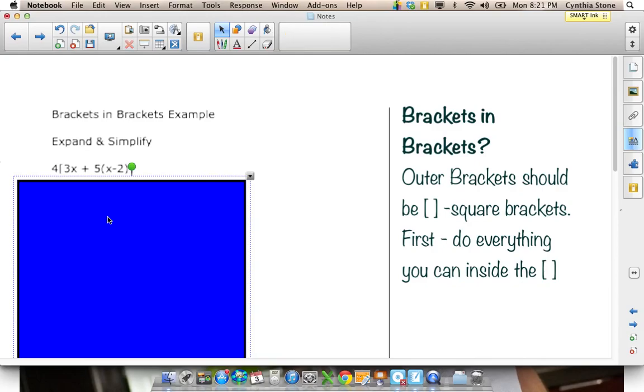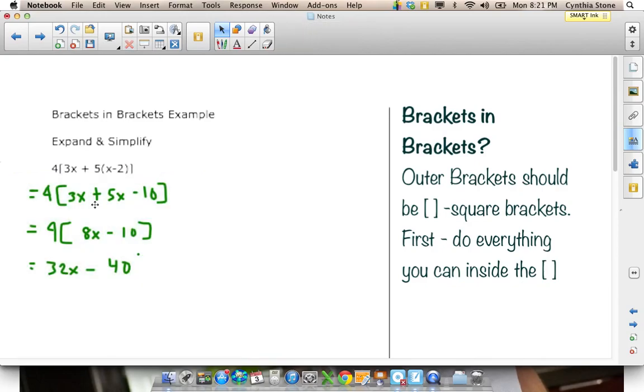So let me just show you what I mean. So I left the square brackets. I left those outer brackets. I left the 4. For now, because let's think BEDMAS for a minute, I have to do this multiply before I can do any adding. Okay, so I left the 3x because it's added. And then I've got plus 5 times x is plus 5x.